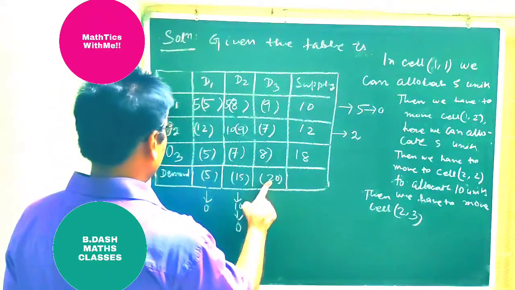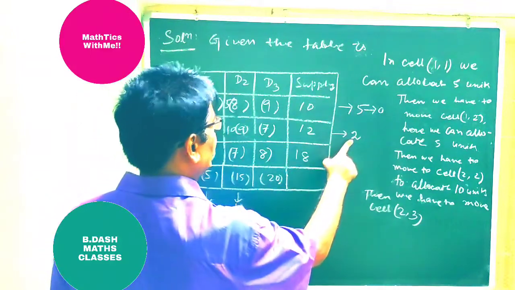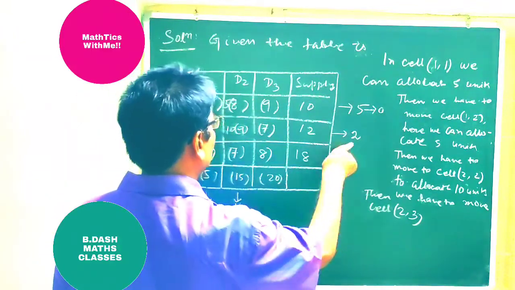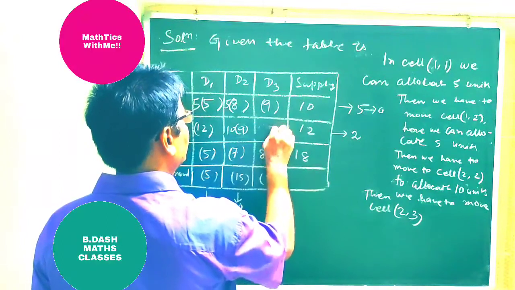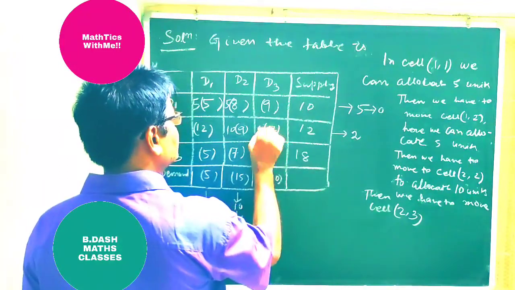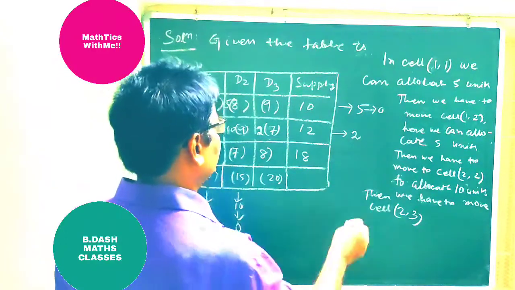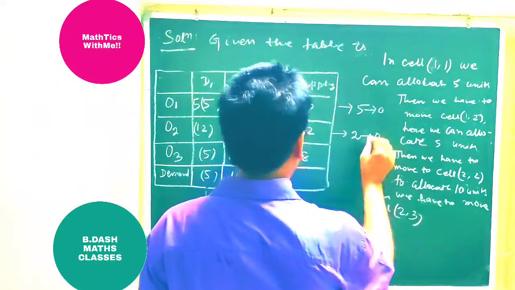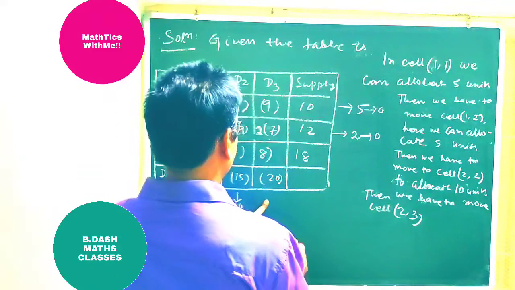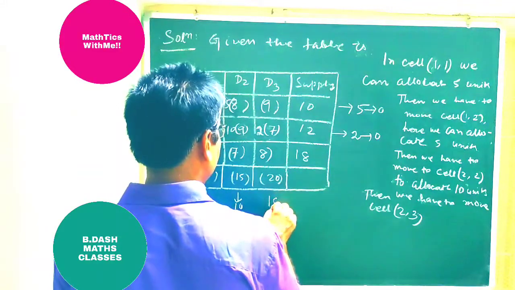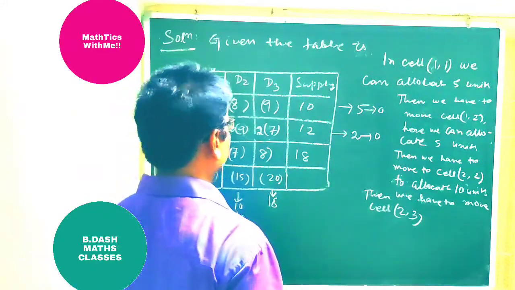We have here demand 20 and supply 2. So we can allocate here 2 units, so that it becomes 0 and here we are left with 18 units.